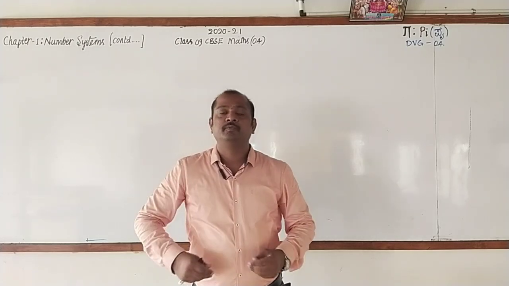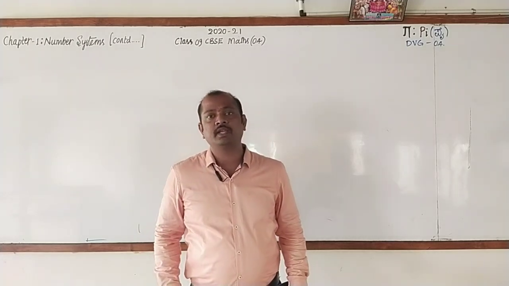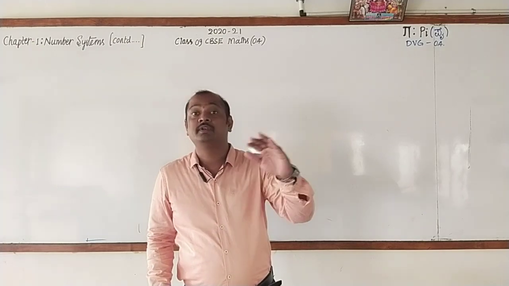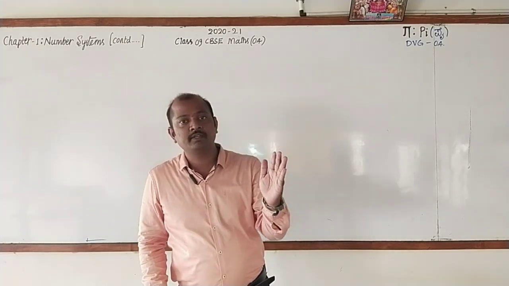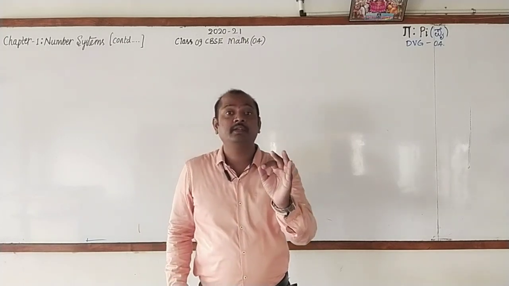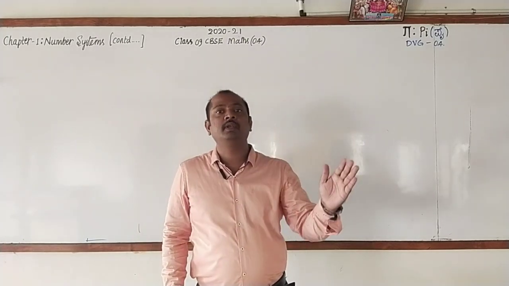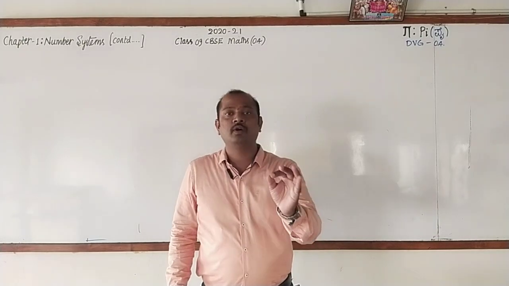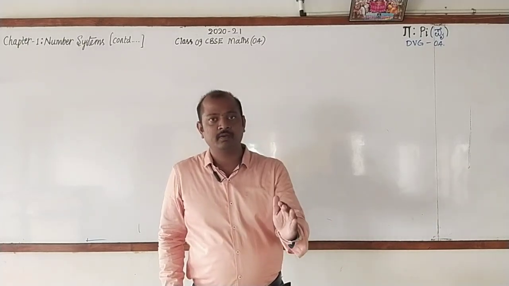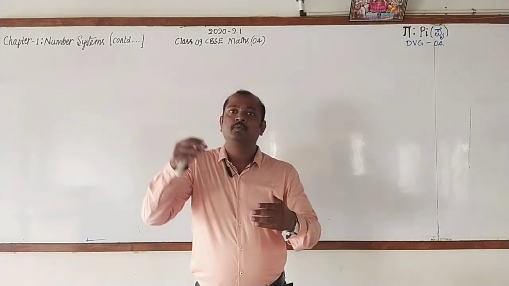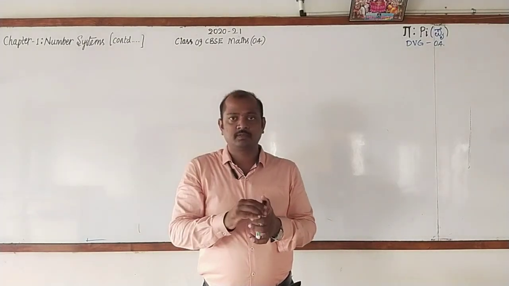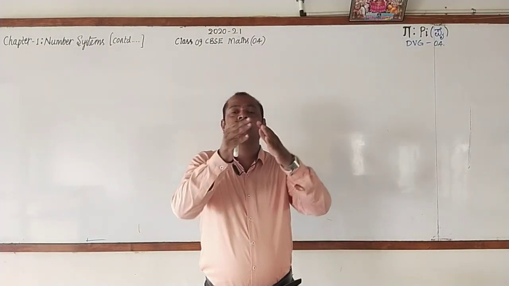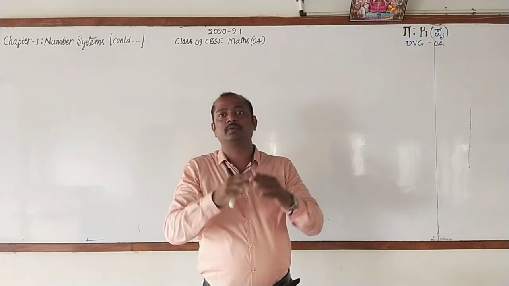After that, we defined a rational number in terms of decimals as a number whose decimal expansion is terminating or non-terminating recurring. Based on that, we took some examples of decimal numbers, and using that we classified the decimal numbers into different types.